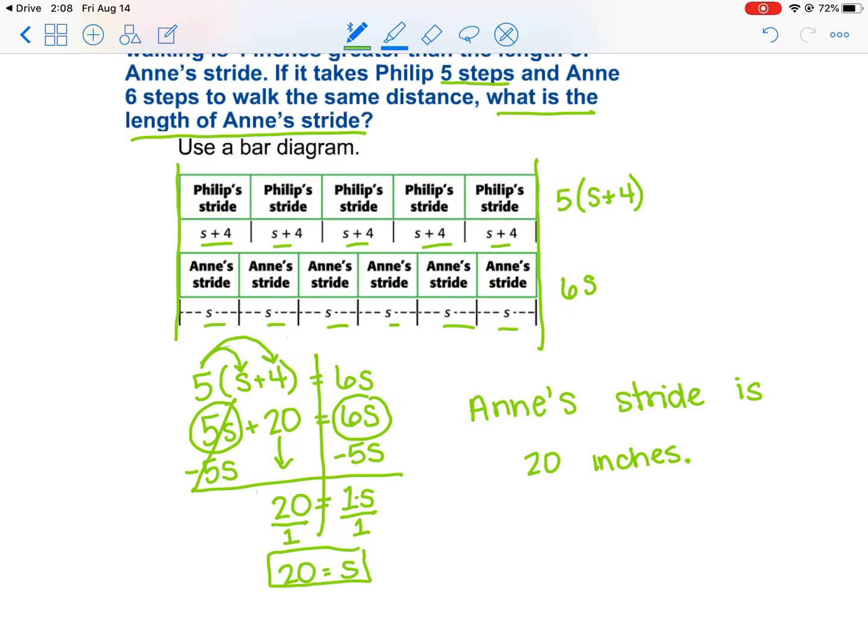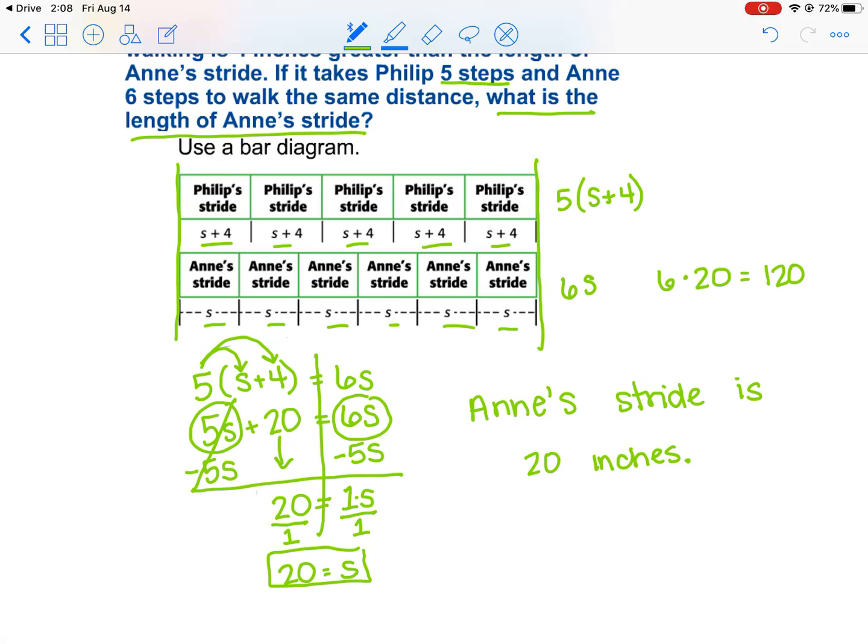To check this, we can see if it equals out. If Anne's stride is 20 inches, that would be 6 times 20, which would tell me that they were walking 120 inches. Let's make sure that Philip goes the same distance in 5 steps.